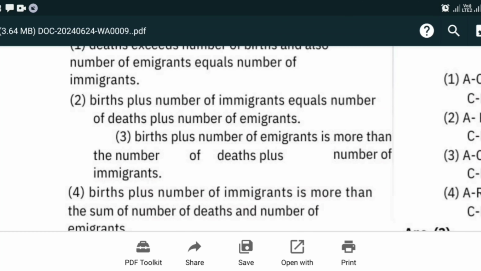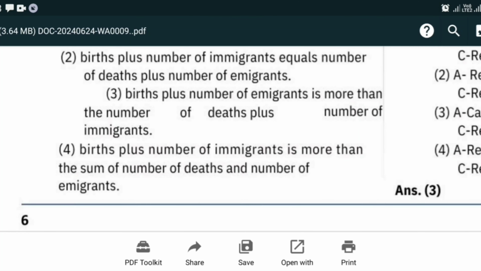Then birth plus number of immigrants. Birth is also high and number of immigrants, which is adding to the population, is high. That is more than the sum of the number of death and number of emigrants. So here what they are telling is birth and immigrants is more when compared to death and emigrants.